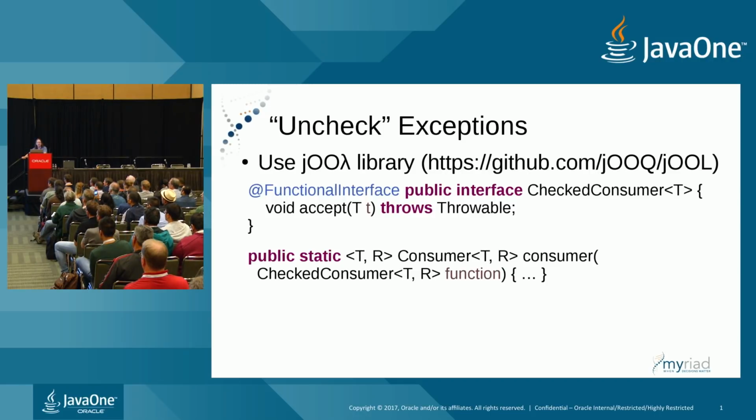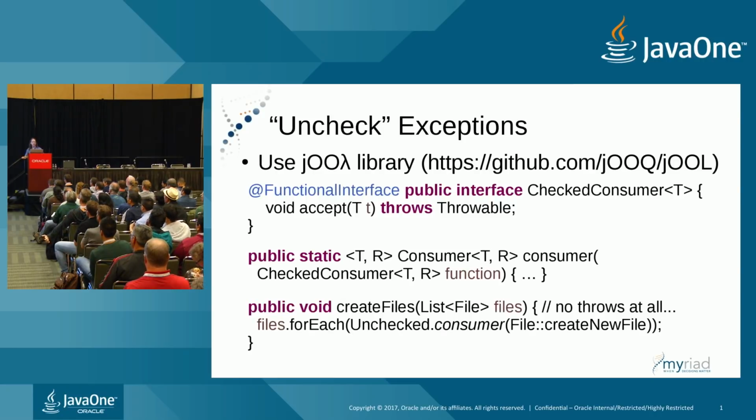And then they've provided a series of static methods that will take in, for example, a CheckedConsumer and invoke it, and if any exception gets thrown, it'll rethrow that as a runtime exception, otherwise just carries on. And so what this means is that now you can write code like the following. And all I have to do is say Unchecked.consumer and surround my lambda expression with that, and I'm back to where I can actually use things.